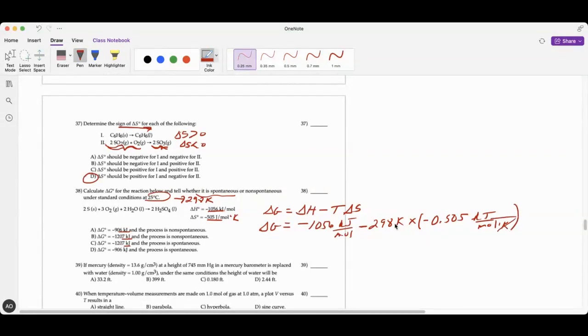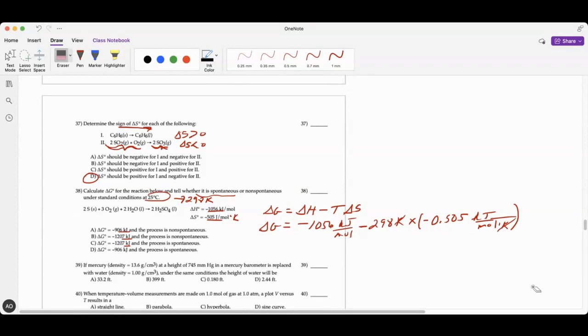So Kelvin cancels out. Okay, so our answer is actually going to be in kilojoules per mole. So we have a negative 1056 minus 298 times a negative 0.505.